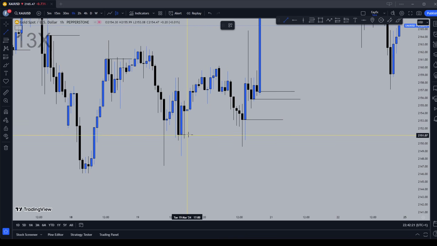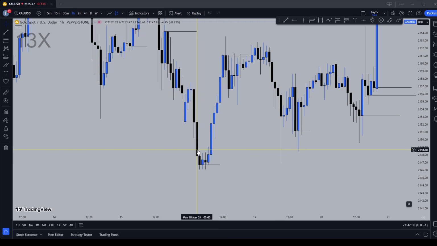This is a fresh level. Another example, we have a V level, a bearish candle followed by a bullish candle and closed. Now we can say that we have a V level.